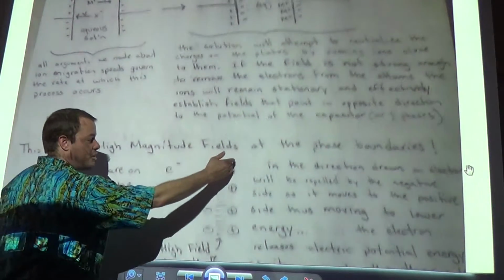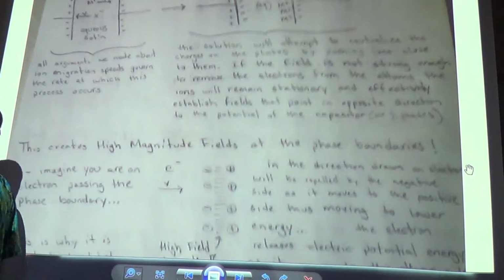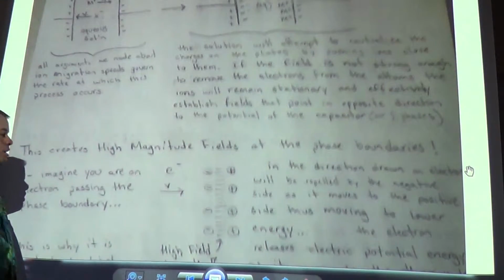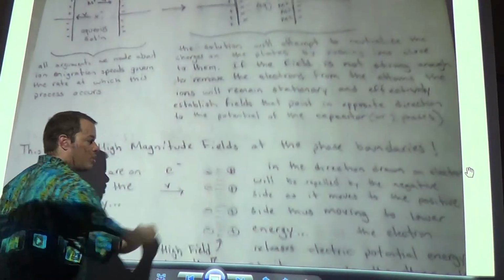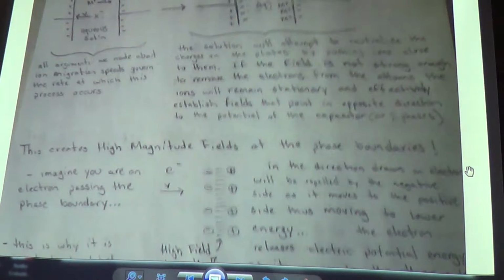You're going to feel a very large pull from all the positive charge that's sitting over there. Essentially, there's just a really large magnitude electric field sitting in between those two spaces.